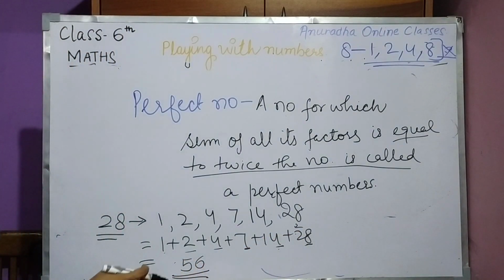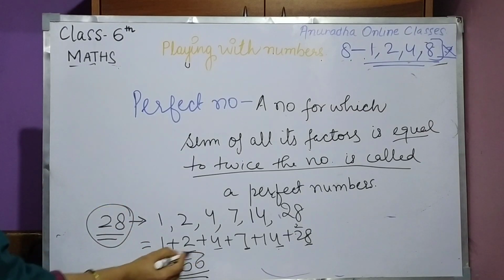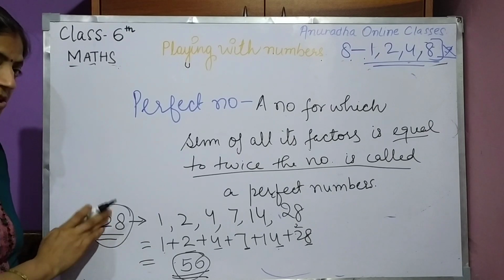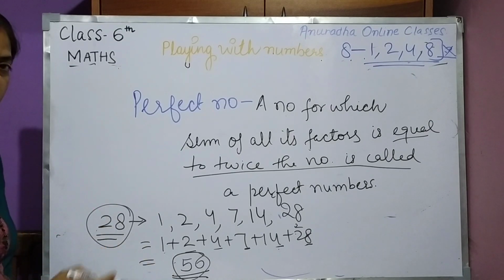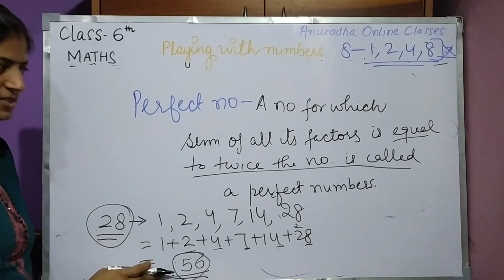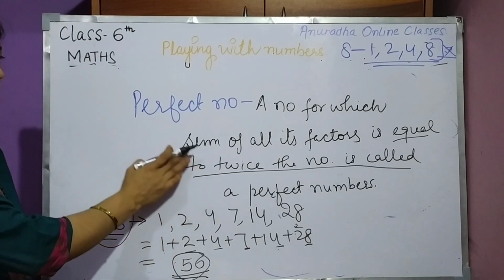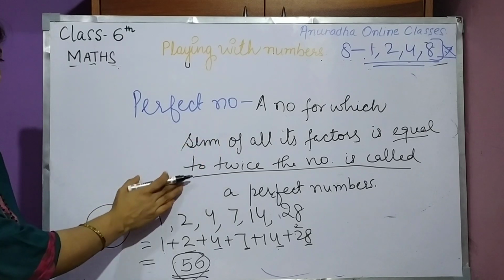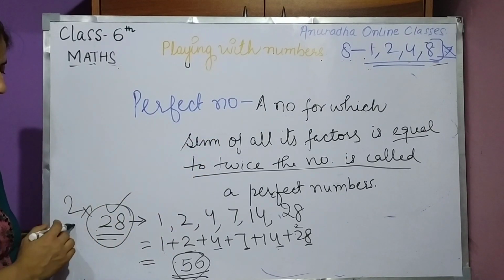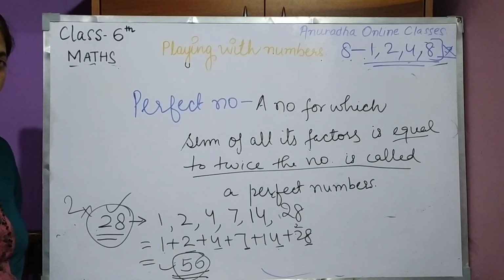Now see, 56 and 28: just double of 28 is 56. That only they have said: sum of all its factors is equal to twice the number. If we multiply by 2, we get 56. That means this is a perfect number.